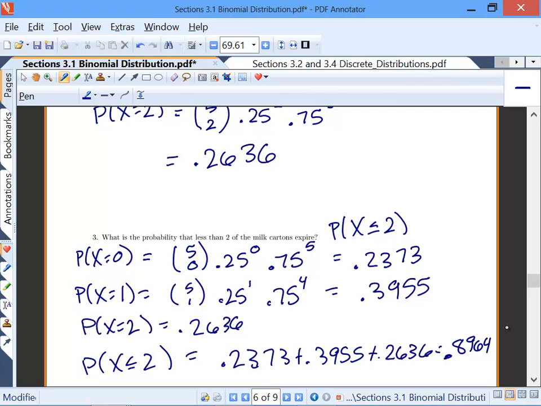Wouldn't that just be x less than 2? Oh, it does say less than 2. This is x less than 2, which means I don't need this.